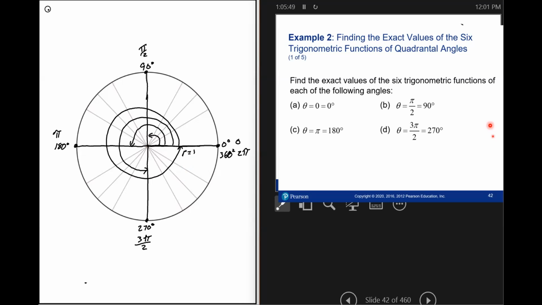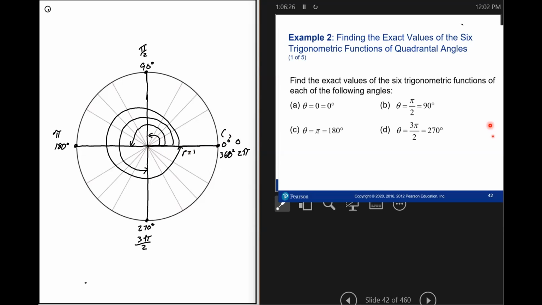So if this length here is 1, what's the x value here at this point? So I can talk about the x value. No, it's not about the revolution.